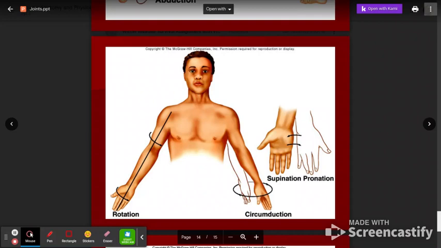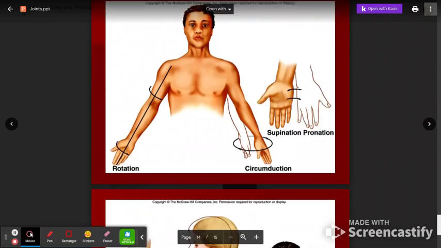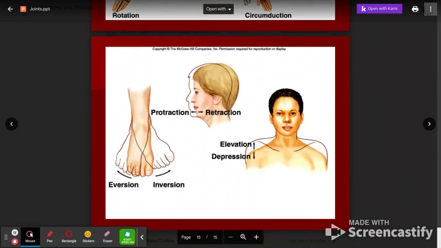Practicing these, flashcards are good as well, or however you learn your terms. Eversion versus inversion. We've got a big toe here, inversion pointing. If I take my big toe and put it towards midline, inversion. Eversion, big toe out.